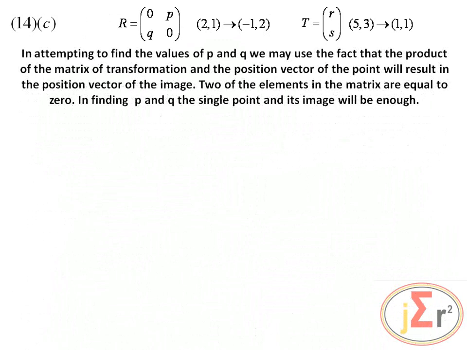In attempting to find the values of P and Q, we may use the fact that the product of the matrix of transformation and the position vector of the point will result in the position vector of the image. Two of the elements in the matrix are equal to 0. In finding P and Q, the single point and its image will be enough. Just use one of them.